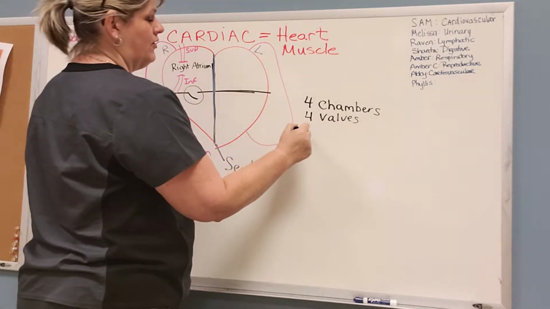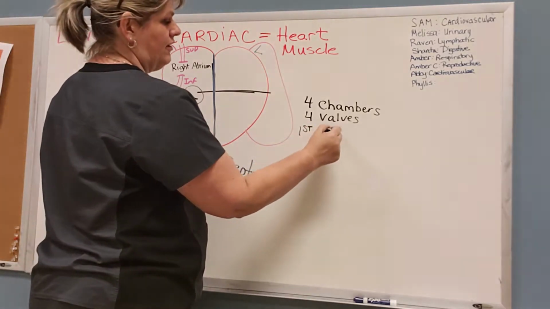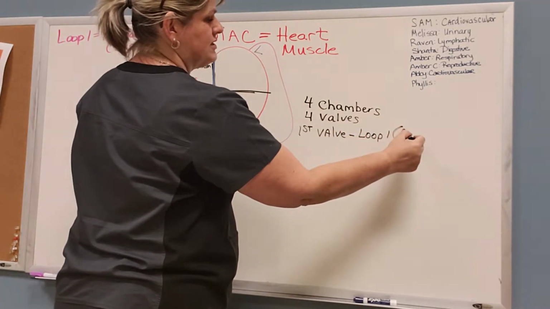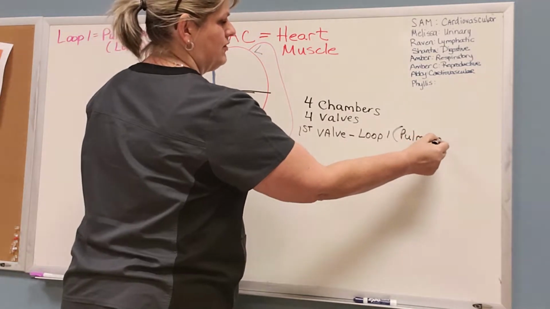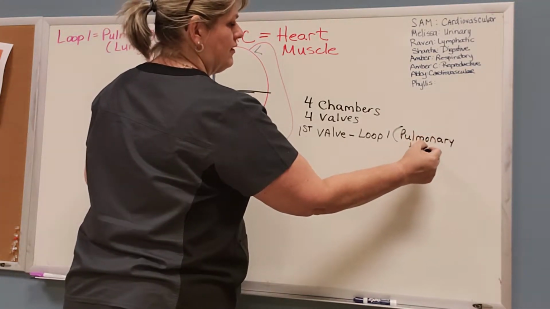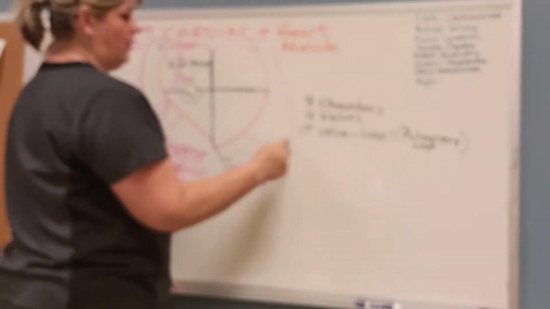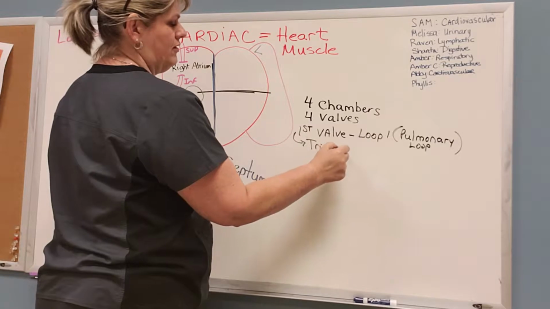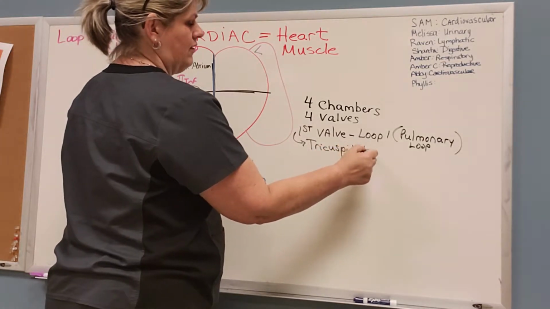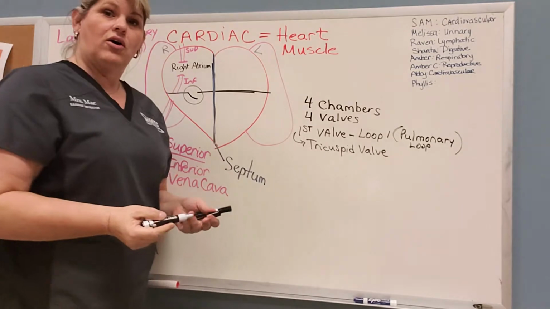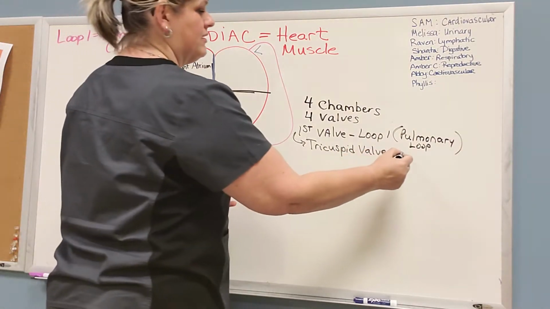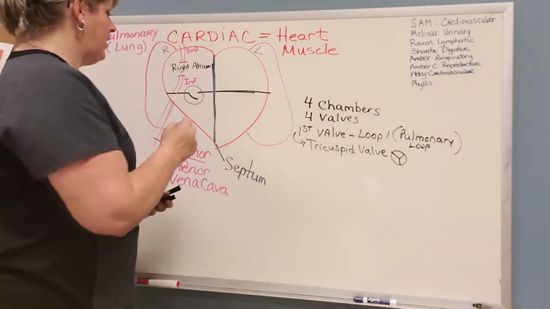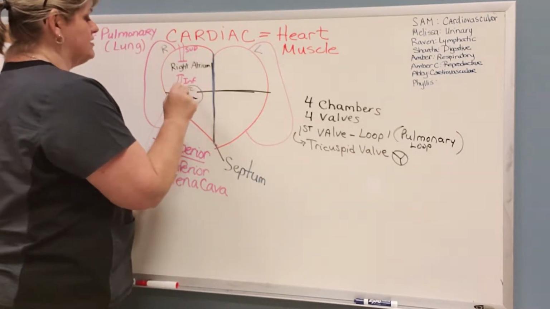The first valve in loop 1, which again we said was the pulmonary loop going to the lungs, is called the tricuspid valve. And why is it called the tricuspid valve? Well, because it has 3 flaps that open and close. So this is the tricuspid valve.